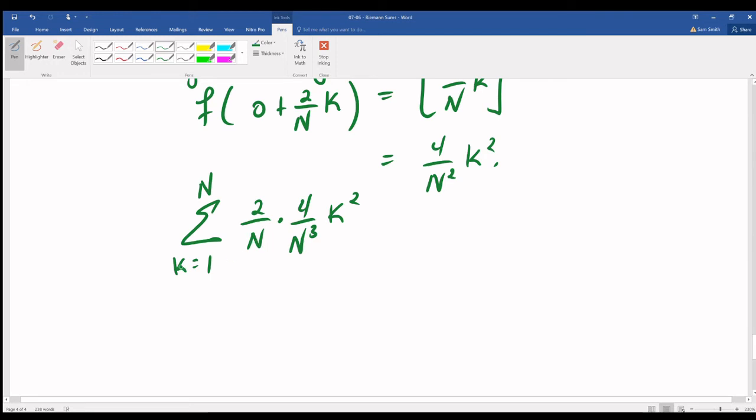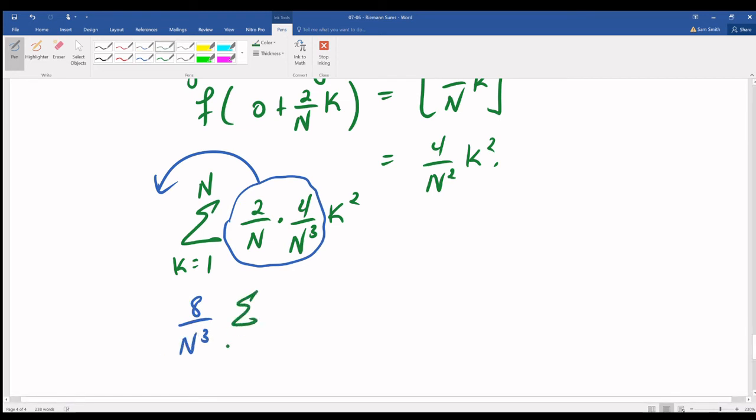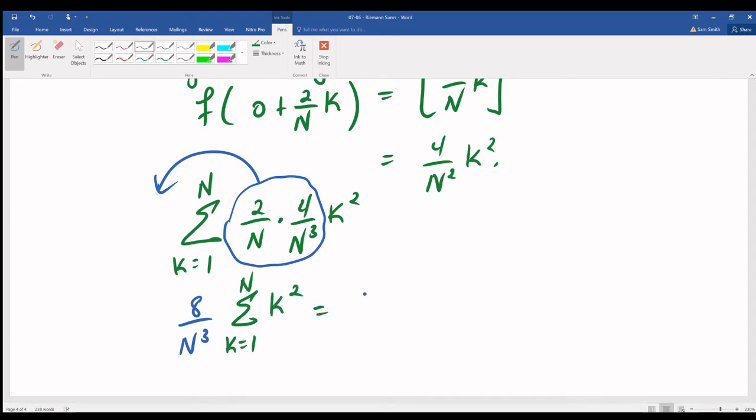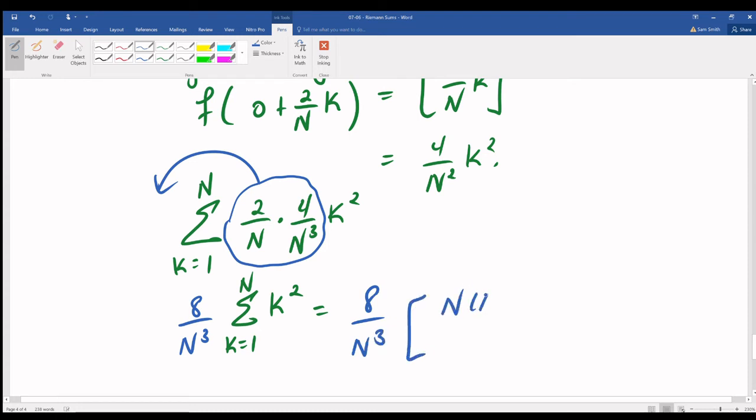So just as we did with 1 over 125 in the previous example, this constant can be pulled to the outside, and we can leave 8 over n cubed on the outside and deal just with this formula in the back, the sum as k goes from 1 to capital N of k squared, which, as we have seen, simplifies to n times n plus 1 times 2n plus 1 over 6.